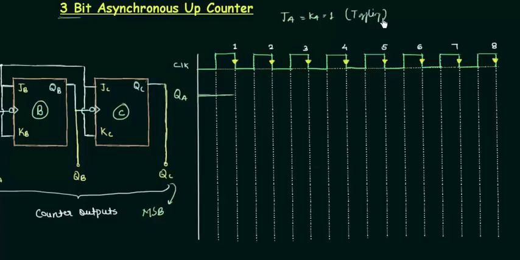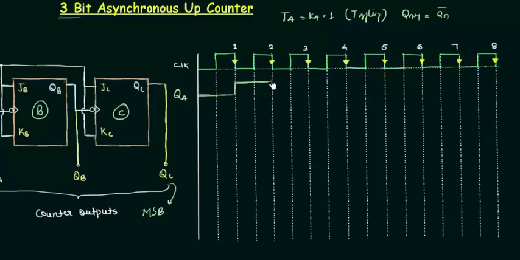And in toggling you remember that Qn plus 1, which is the next state, is equal to Qn complement. So the next state is equal to the complement of the present state. So at this falling edge the next state will be 1, because the present state is 0. So taking its complement we have 1, and it will remain 1 or high till the next falling edge. And again we have the toggling.